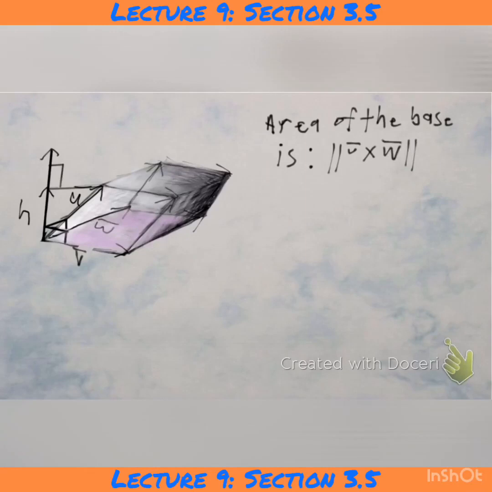That's the parallelogram theorem that we did previously. So now we're looking at the area, and we need to get the altitude of this object. How do we get the altitude of this object?